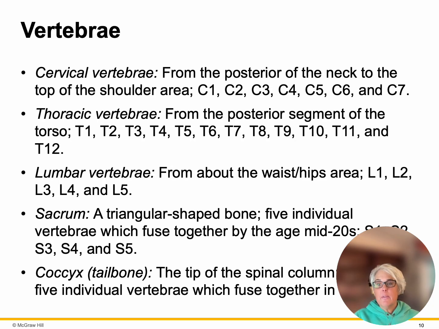This slide reviews the segments of the vertebral column and their labels. So cervical is C1 to C7, that is your neck region. Thoracic is T1 to T12, which is the upper back and mid back where the ribs attach. Lumbar is L1 to L5, which is lower back and waist. The sacrum is S1 to S5, a fused triangular bone just below the lumbar spine.